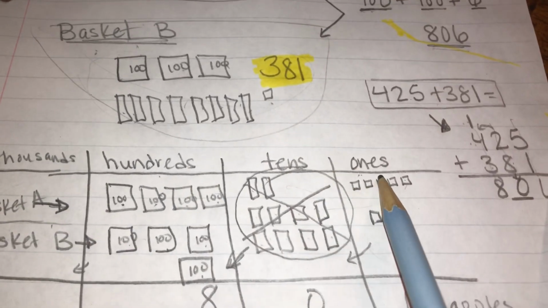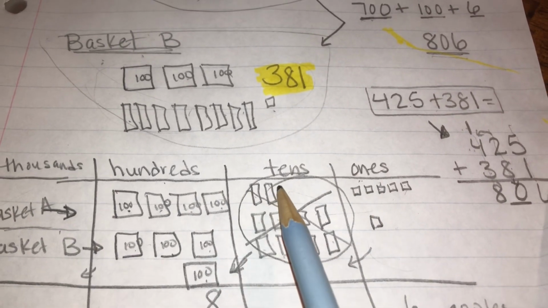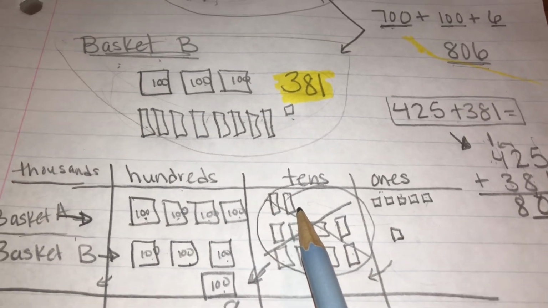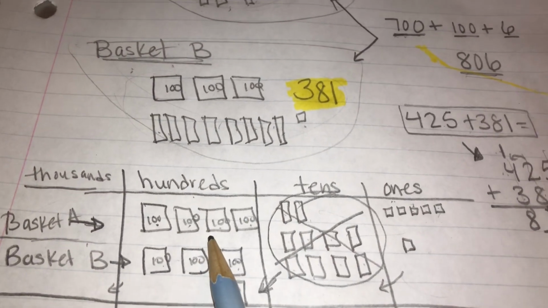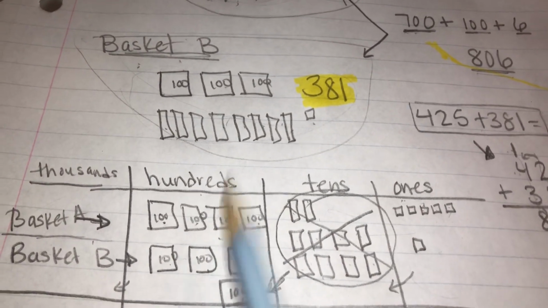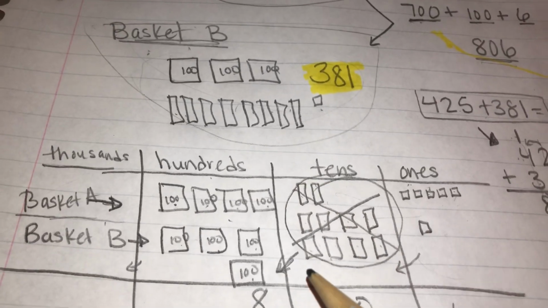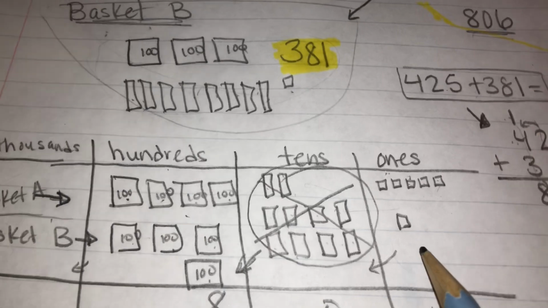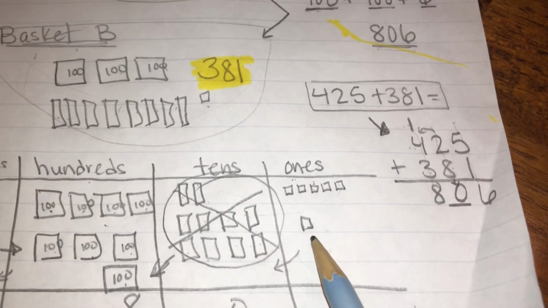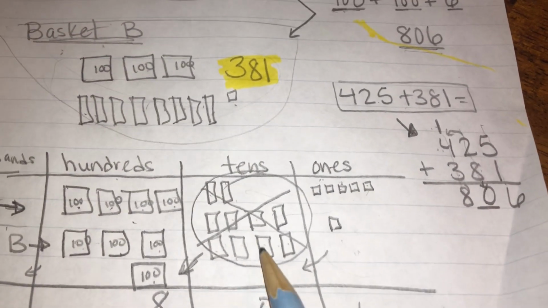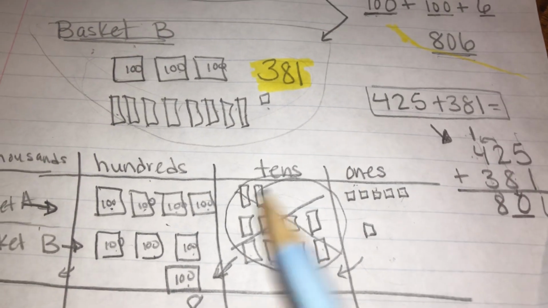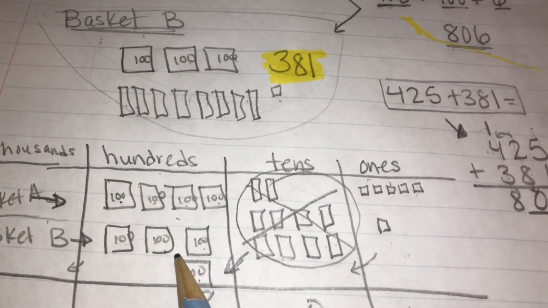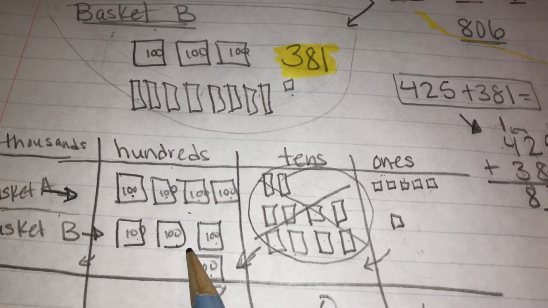So I drew 5 ones in the ones, 2 tens in the tens, and 4 hundreds in the hundreds place. Then I filled in the place value chart with the apples from basket B. I drew 1 in the ones, 8 tens in the tens place, and 3 hundreds in the hundreds place.